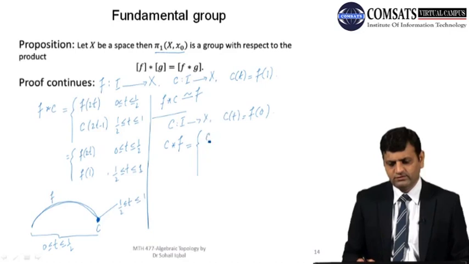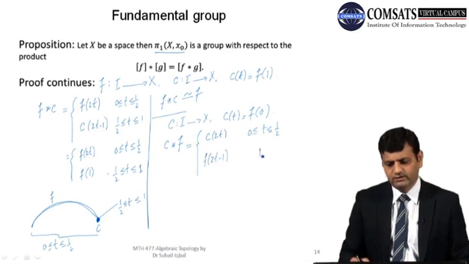This is equal to c of 2t when t varies between 0 and 1/2, and this is equal to f of 2t minus 1 when t varies between 1/2 and 1.